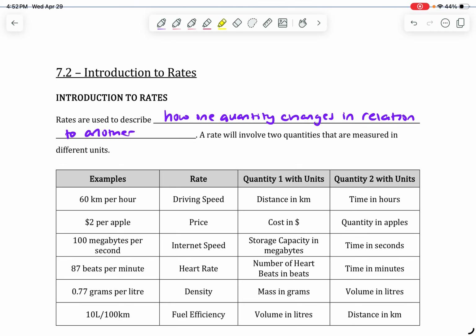So when we take a look at this, we have two quantities that are changing, and we're looking at how those change at the same time or respective to each other. So a rate, because it has two quantities, will have two separate units. So two quantities that will be measured in often different units.